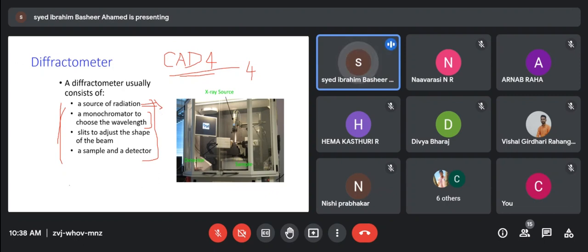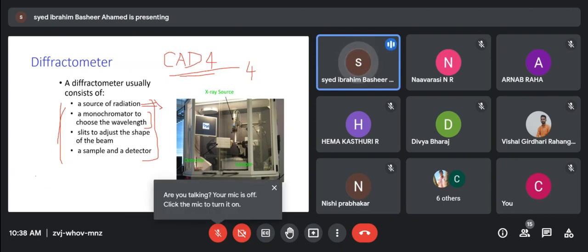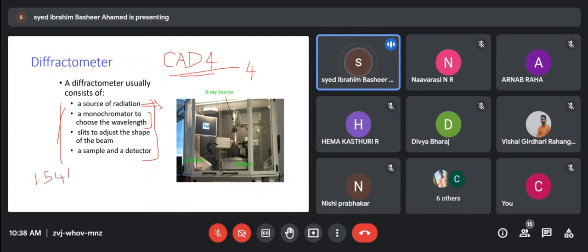The wavelength of the X-ray should be 1.54 angstrom units, as we saw in the last class. So we need a 1.54 angstrom wavelength.